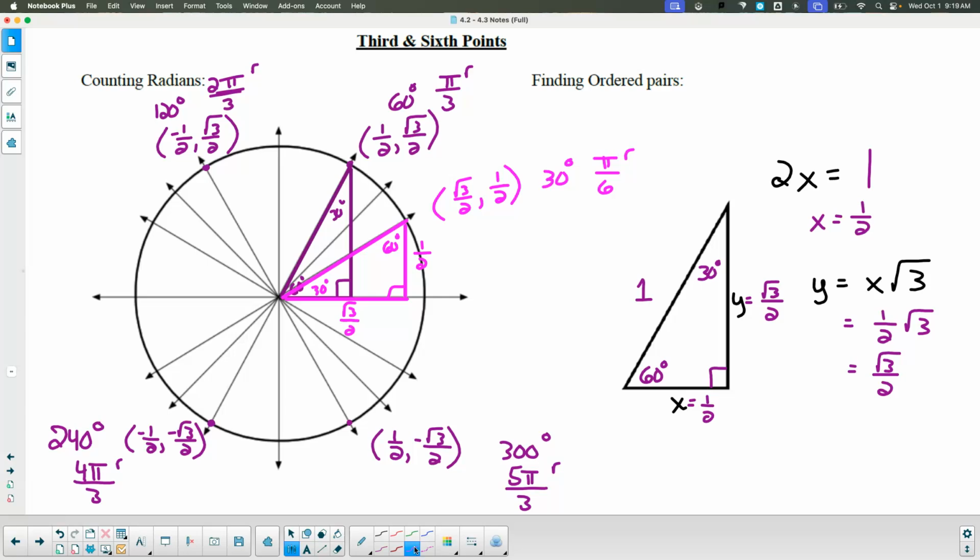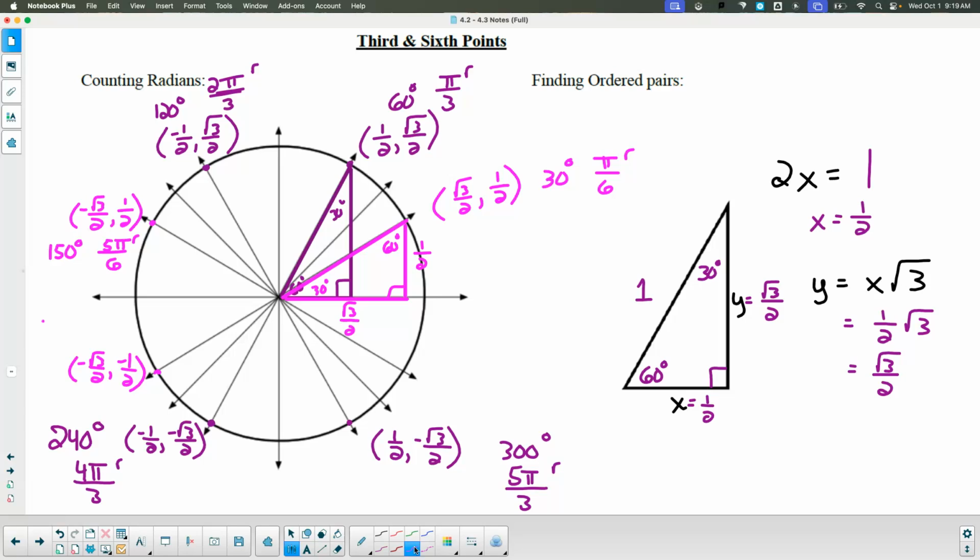And now all the reflections can happen. So here would be negative square root 3 over 2, comma, positive 1/2. This would now be 150 degrees, or 5 pi over 6 radians. Down here, it would be negative square root 3 over 2, comma, negative 1/2.